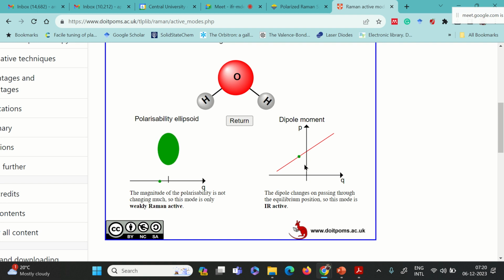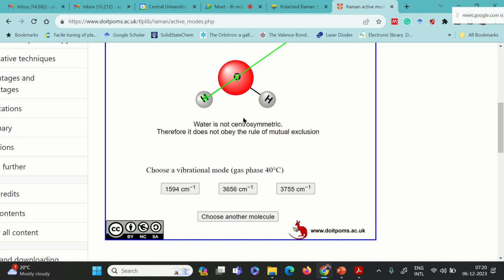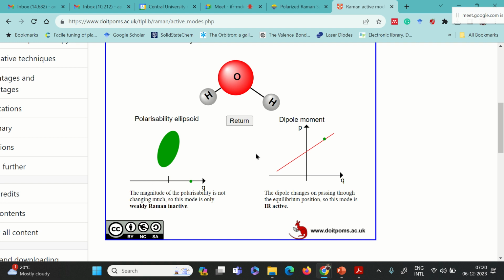So the dipole moment, there is also change in the dipole moment during the vibration, and so it is also IR active, sorry. Third one that we just discussed, the animation for asymmetric stretching. देखो एक छोटा हो रहा है तो एक बड़ा हो रहा है, इधर elongate हो रहा है.